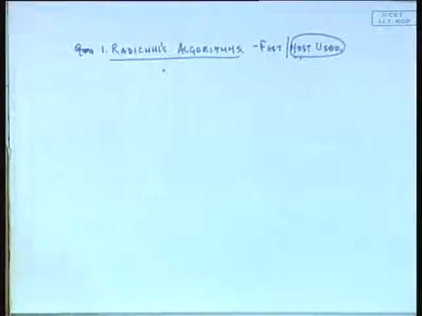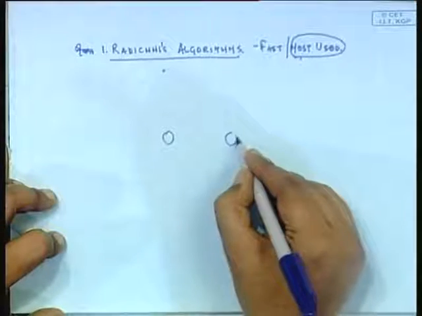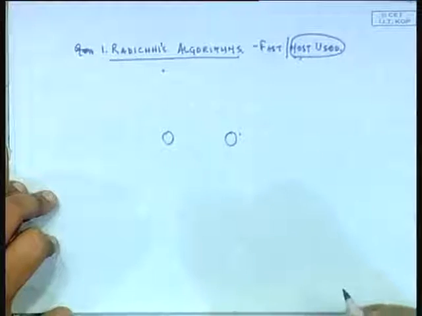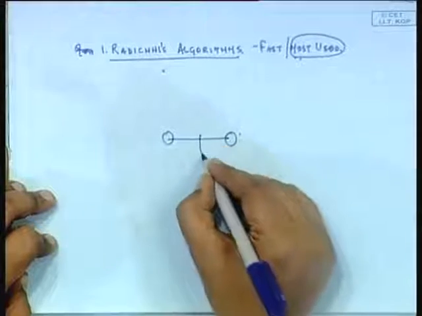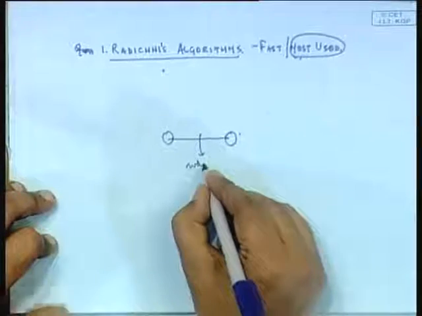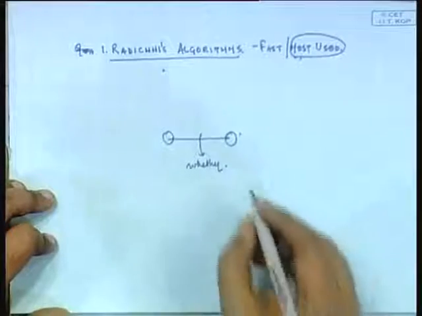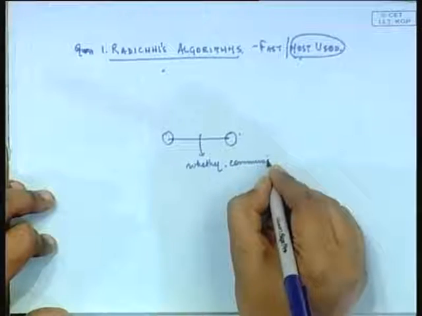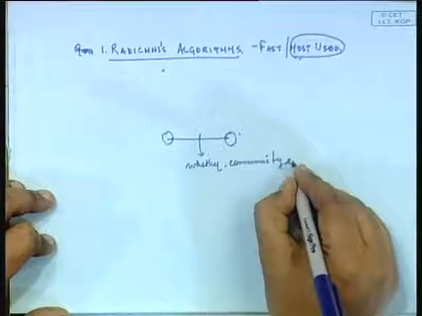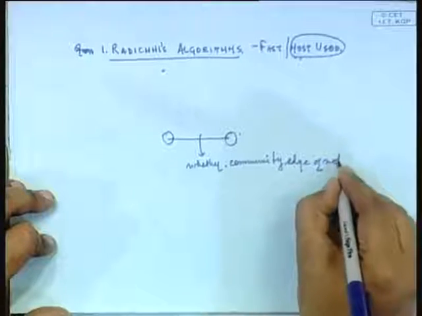Okay. So, the idea is very simple. If you have a node, you want to see whether this edge is a community edge or not.